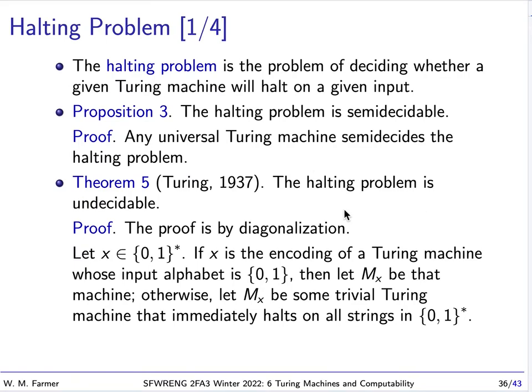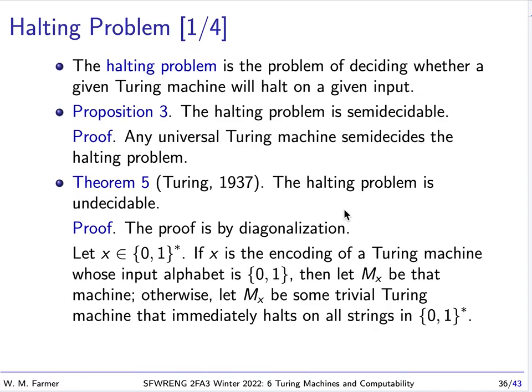But it's actually undecidable. That means we cannot come up with any total Turing machine that will be able to take the code for M and the code for the input for M and determine in all cases whether that Turing machine will halt on X or not.